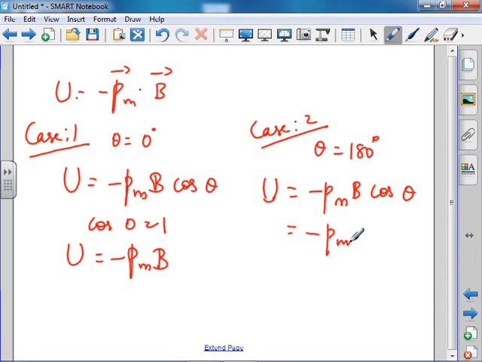Minus pmb cos 180 degree. For cos 180, it is minus 1. So I will get plus pmb. From these two equations, what do we understand? The potential energy of the bar magnet is minimum when it is aligned along the external magnetic field.